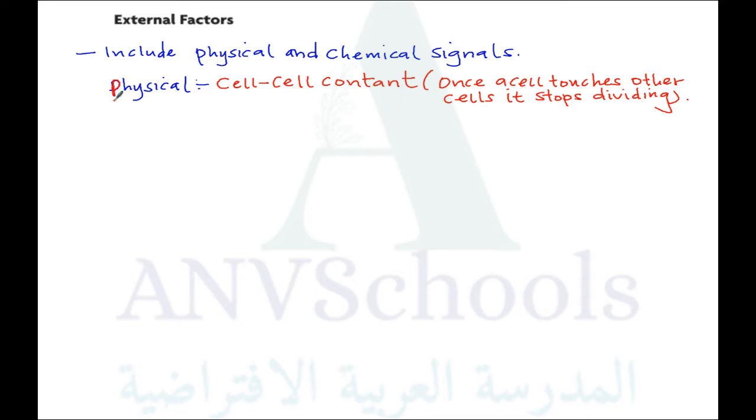I talked of cell to cell contact, and we said the real reason is, however, not known, but one hypothesis is that receptors on the neighboring cell bind to each other and cause the cell's cytoskeleton to form structures that may block the signals that trigger growth.